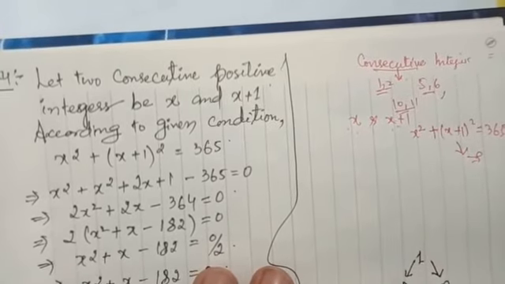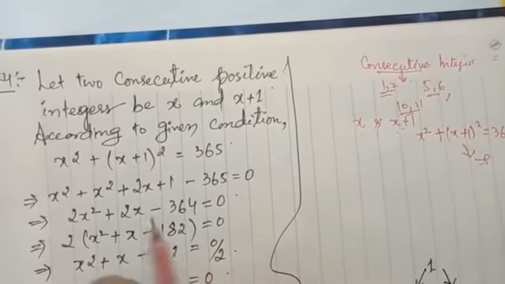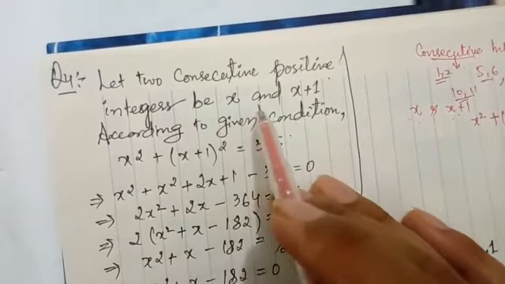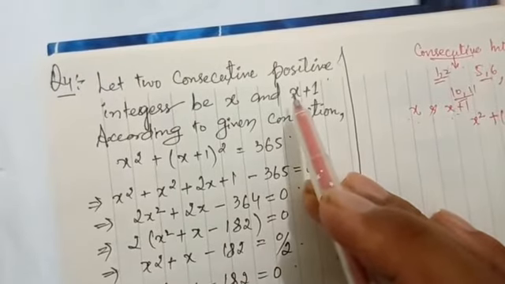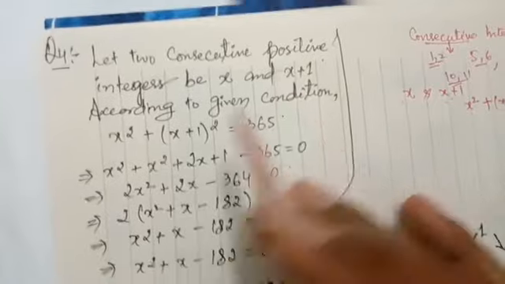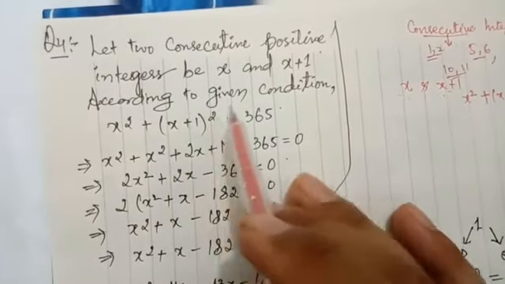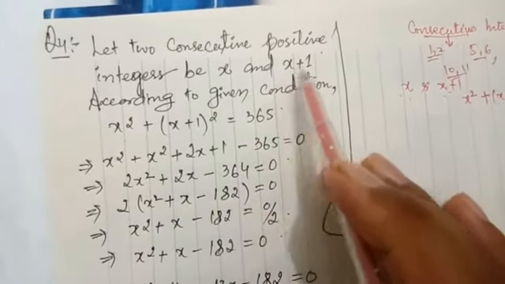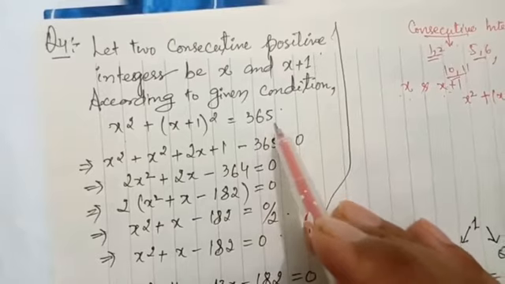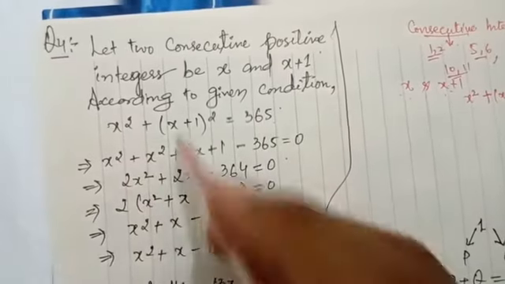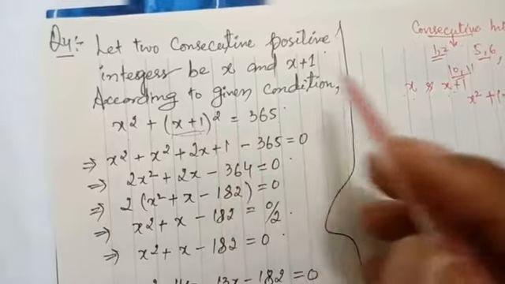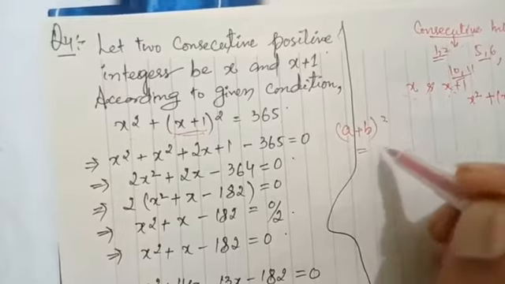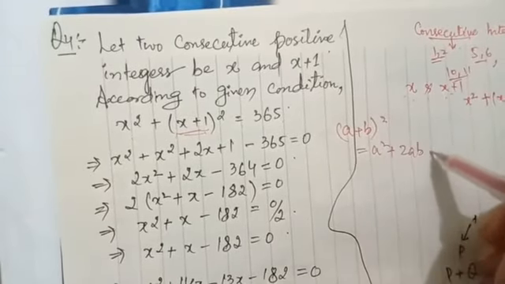Now look at the solution of the equation. Let two consecutive positive integers be x and x plus 1, because if one integer is x, then the other will be x plus 1. According to the given condition, the sum of the squares of these two numbers, x square plus x plus 1 whole square, is equal to 365. Here we can use an identity, or a formula, that is a plus b whole square is equal to a square plus 2ab plus b square.